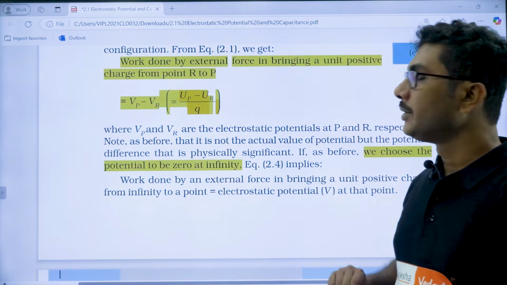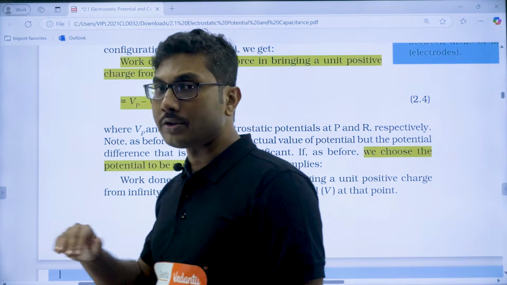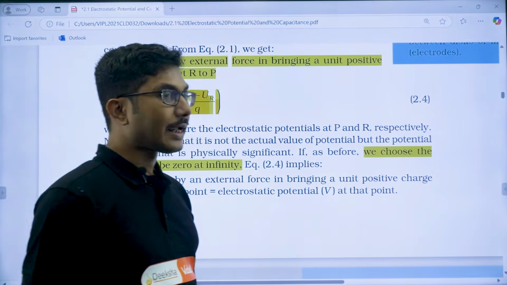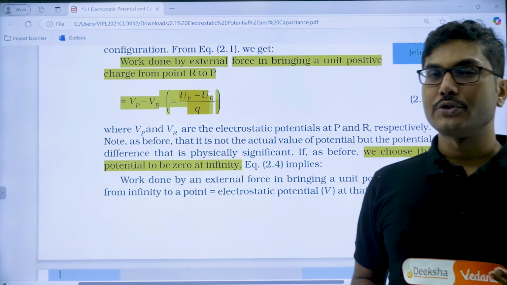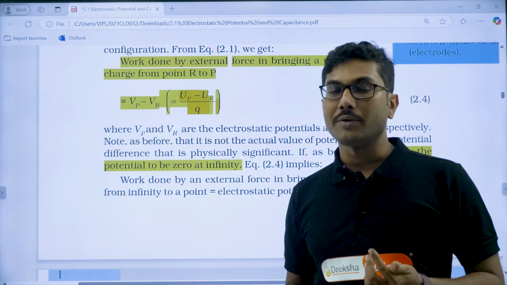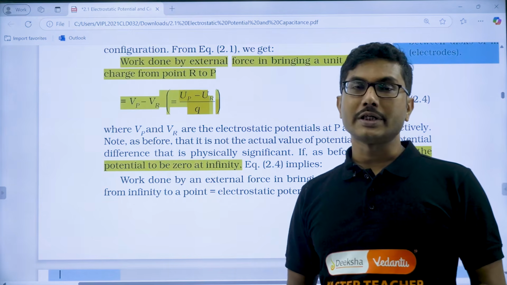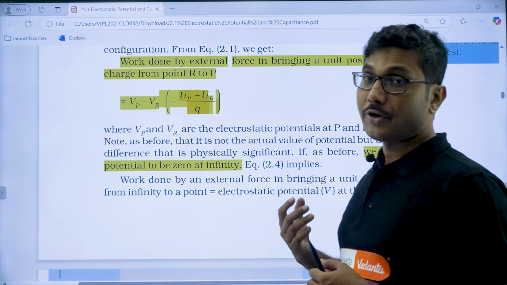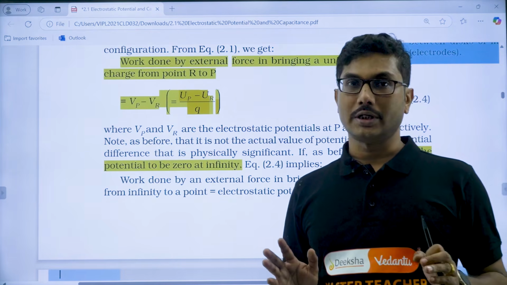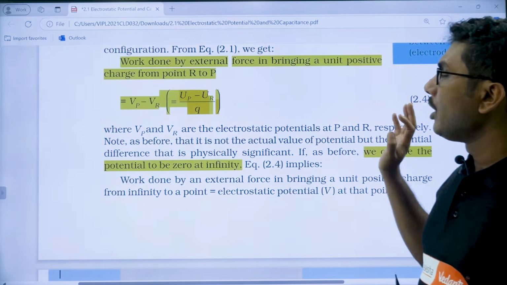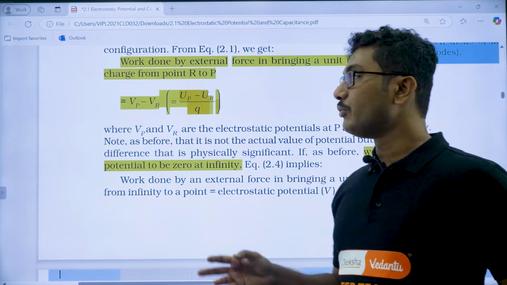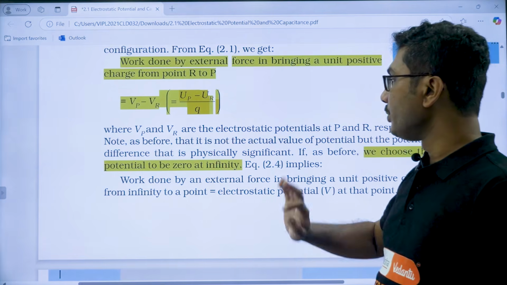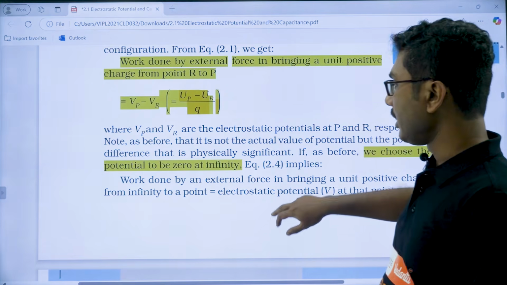It is a constant quantity, unlike potential energy, which can vary depending on whether you choose a 10 coulomb, 5 coulomb or 50 coulomb charge. Based on the charge, the electrostatic potential energy will change, but the electrostatic potential at a point will remain constant. And as with potential energy, we choose the potential to be 0 at infinity. This is also an important line.